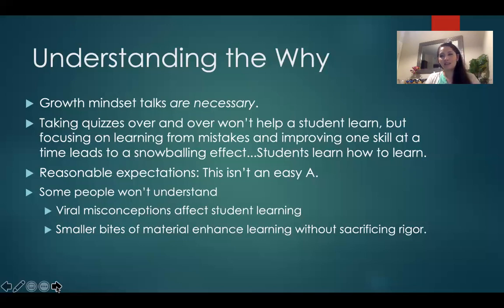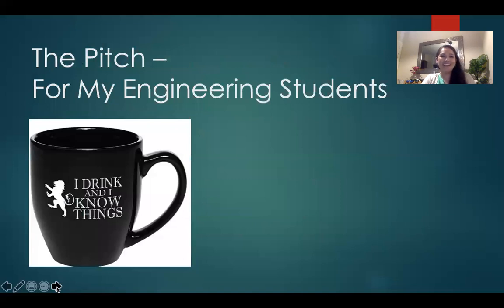I will have students classify differential equations by type and choose the appropriate method, because those are techniques and skills that the students need to have. But getting the material in smaller bites, where they only have 2 to 4 standards to study for at a time, is actually enhancing learning. It's not making things worse or breaking it into too many pieces. It's actually making the course a lot better.